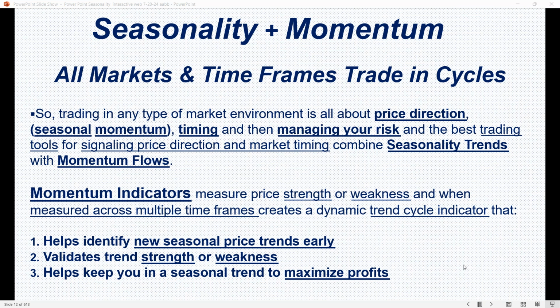It will help validate the strength or weakness of a potential seasonal trend, and then help you stay in a seasonal trend to maximize your profit. So if you have really strong momentum on a lot of different time frames, supporting a seasonal trend that you've spotted, it'll help your confidence to stay with that trade for a longer period of time.